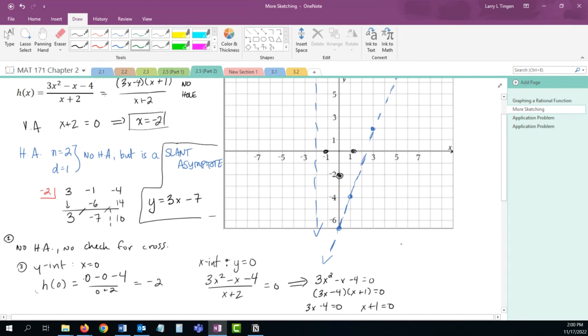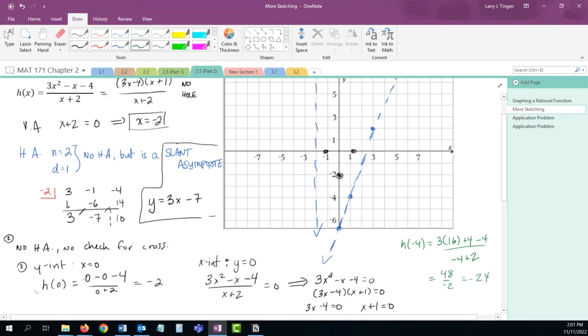So let's try out -4, see what happens. And then we're going to do some math in our heads real quick. -4 squared is 16. Minus -4 is +4, over -4 plus 2. That's 48 plus 4 minus 4 is 48. -4 plus 2 is -2.